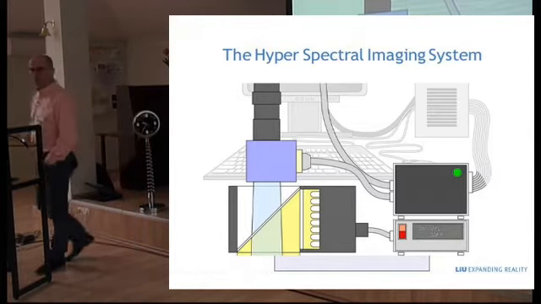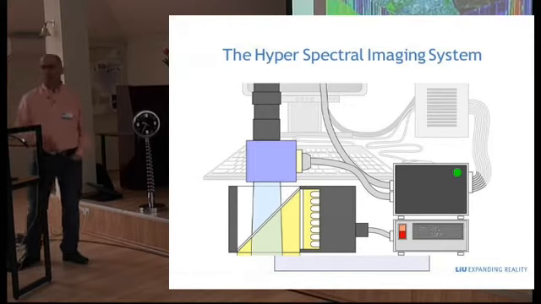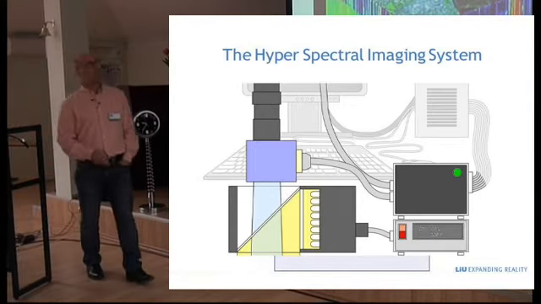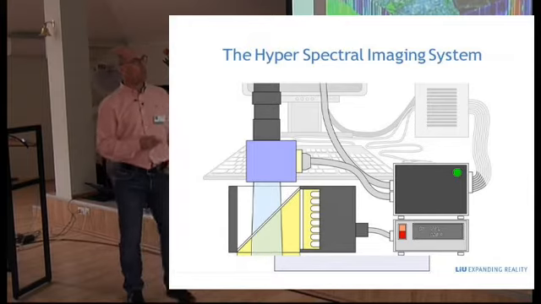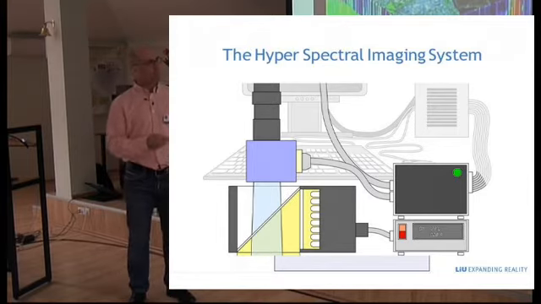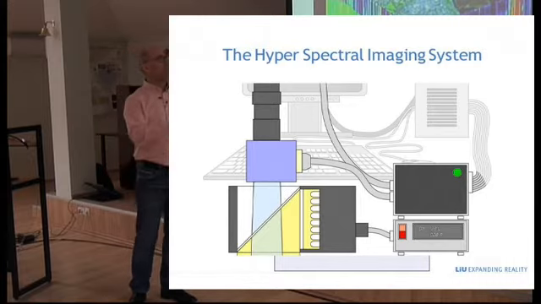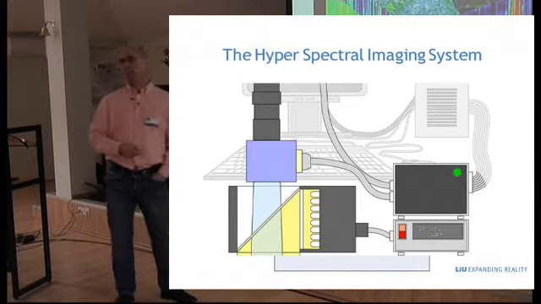Still a little bit slow, of course, but it's useful. And the result is actually that you will get hyperspectral cubes like this. So you have the spectrum in that direction, and you have the 2D dimension of the image in the other.